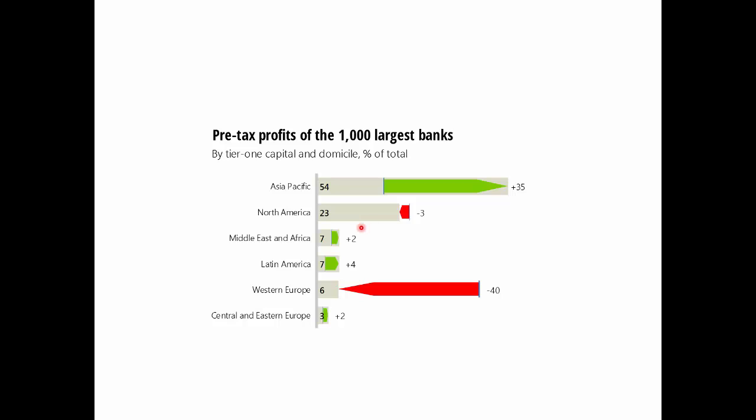So we can immediately see that within the 1,000 largest banks in the world, the banks in Asia Pacific have gained an enormous share within all the banks in the world, especially on the account of Western Europe, where this share was significantly lowered from the year 2007.